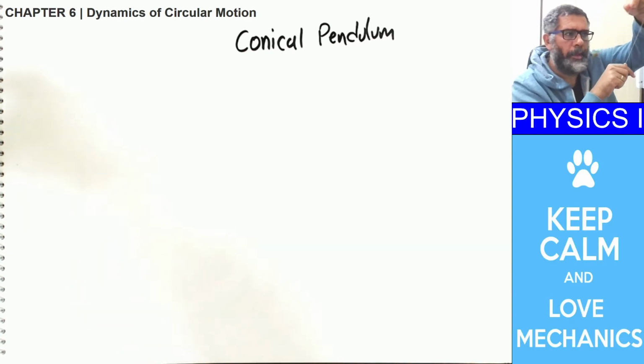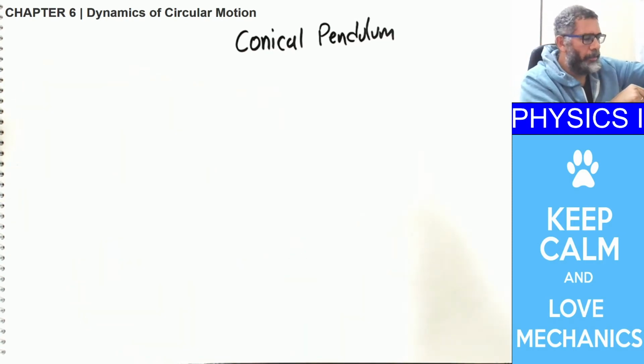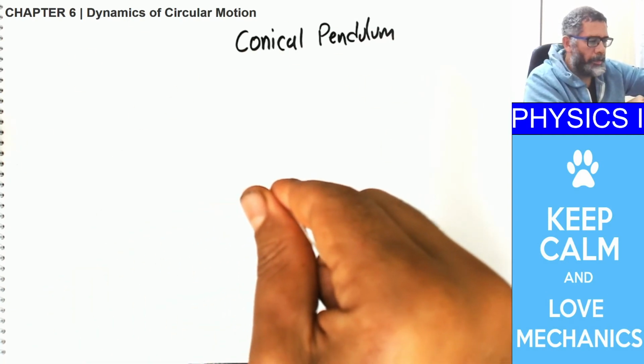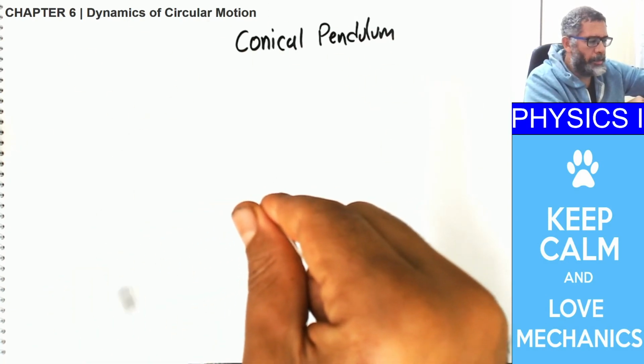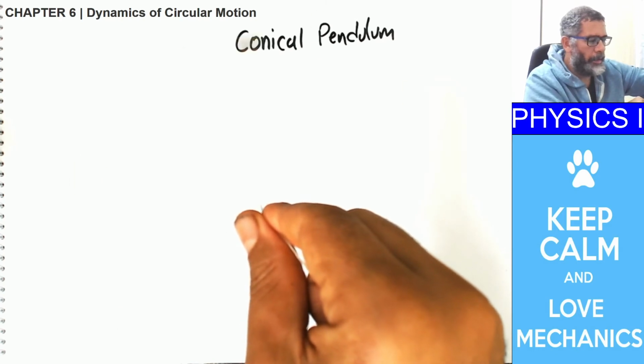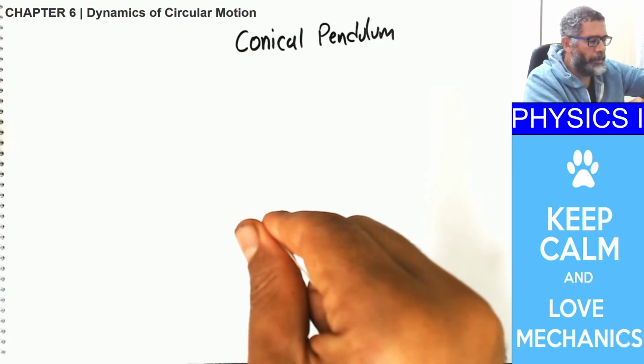What you see from the side view is the conical pendulum, but it looks like a simple pendulum, but in fact it's not. If you look at this from the side view, it looks like a simple pendulum, but if you look at this from the top view, you will see that there is this object circulating around some fixed point on a plane.